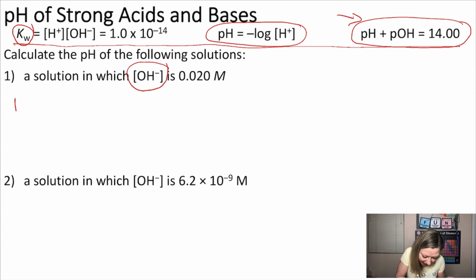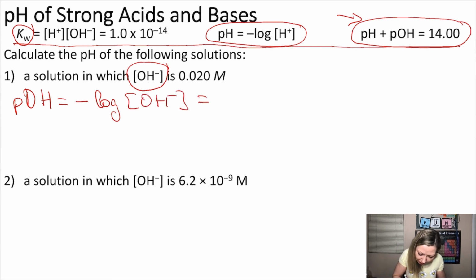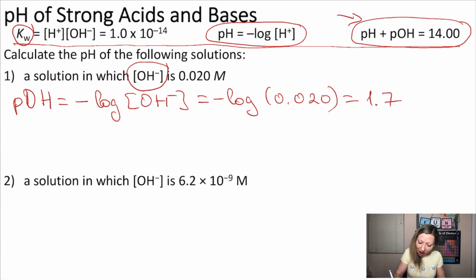So in the first case, our pOH is going to equal the negative log of the OH- concentration. So I'm going to take the negative log of 0.020, which is going to give me 1.7. And now I can just rearrange this expression up here to solve for pH.